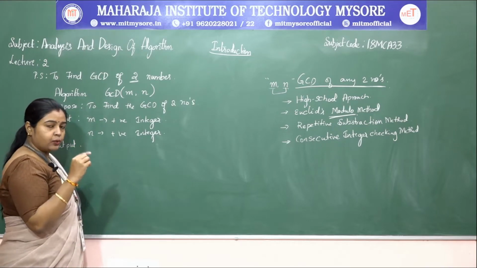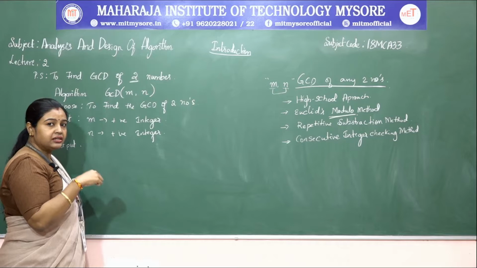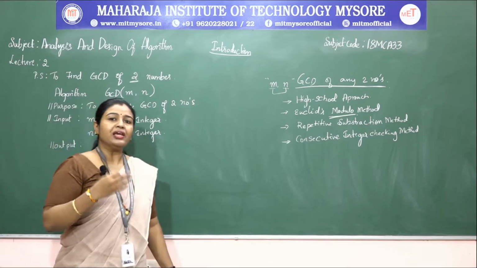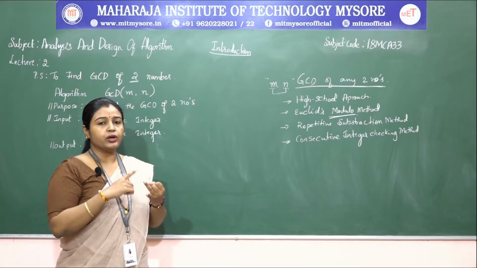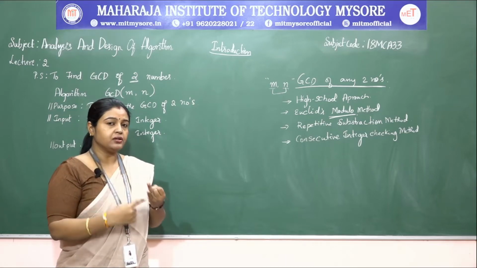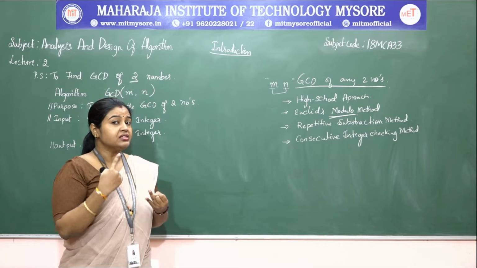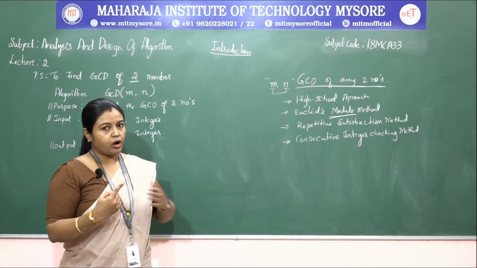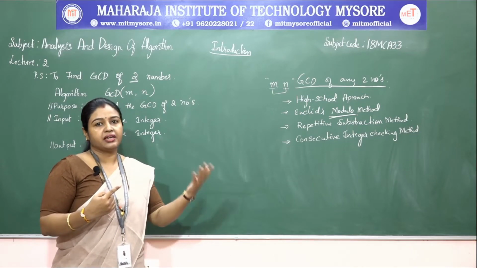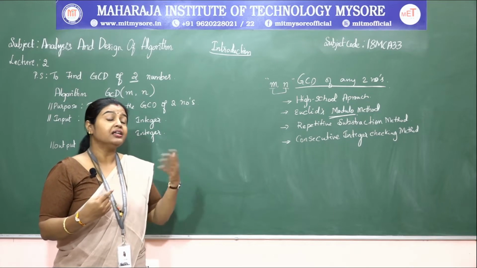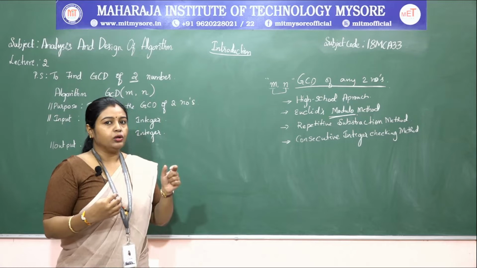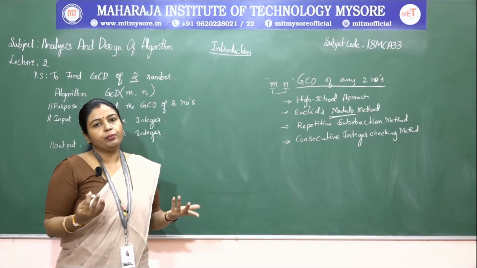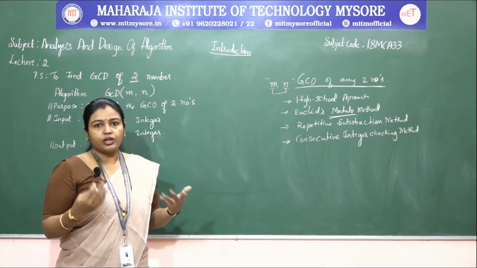The next thing is where this GCD actually resides. As we are dividing two numbers, for the first iteration the first number is going to be divided by the second number. As you keep on dividing, the second number eventually becomes 0, right? So in the second number we won't have any value, it will be 0.